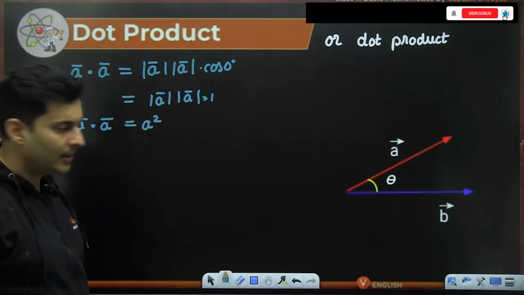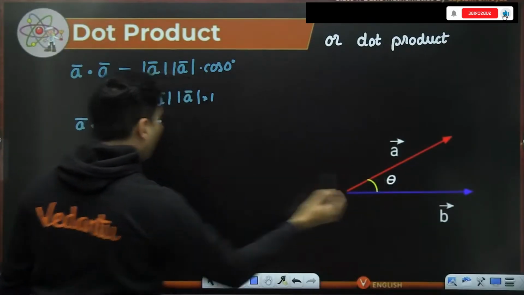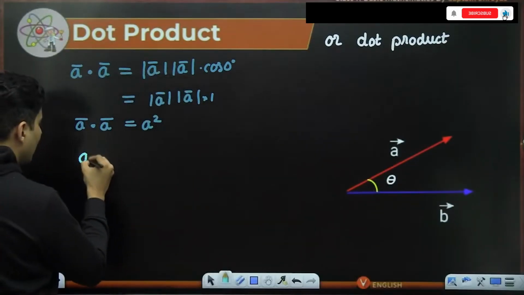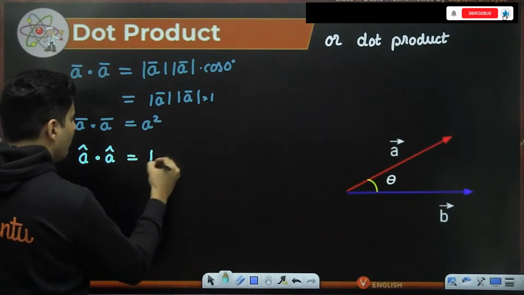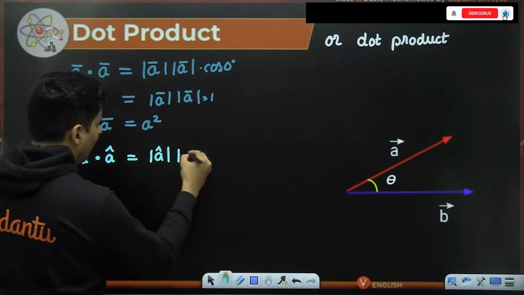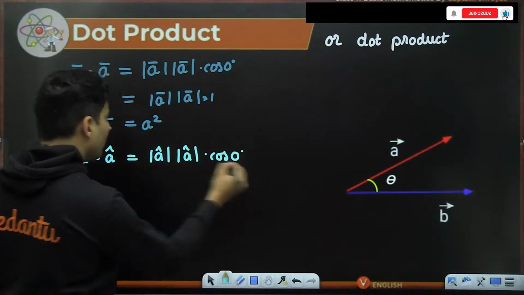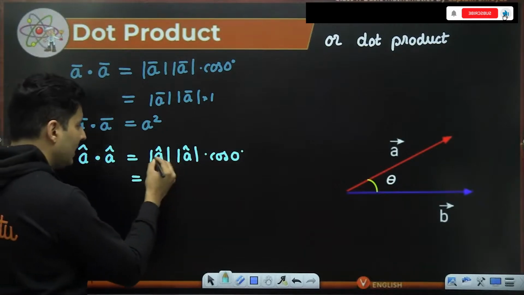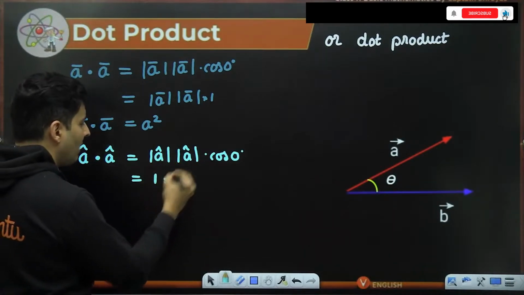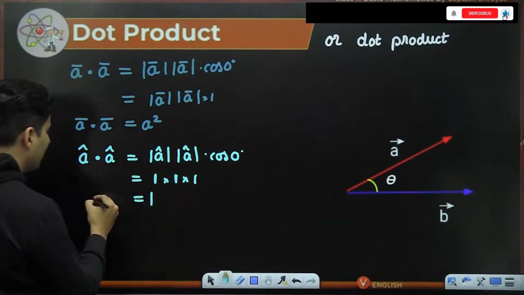As simple as that. Then I have an idea. Sir, what if it was a hat dot a hat? Well, it will be magnitude of a hat into magnitude of a hat into cos of 0, because a hat and a hat will be parallel. The angle will be 0. The magnitude of a unit vector is 1. Cos 0 is 1. So it will be 100% 1.